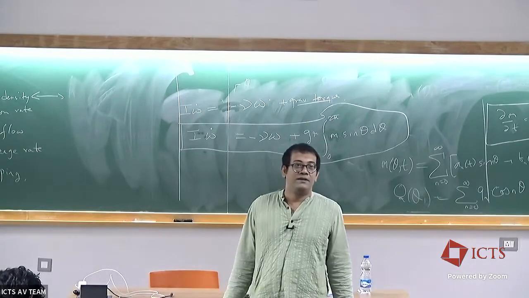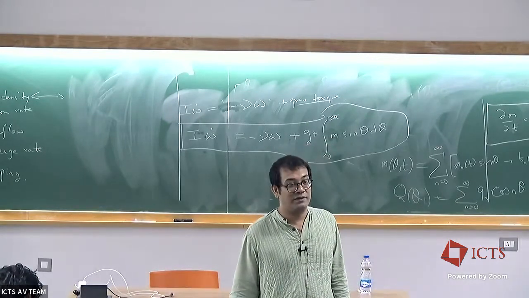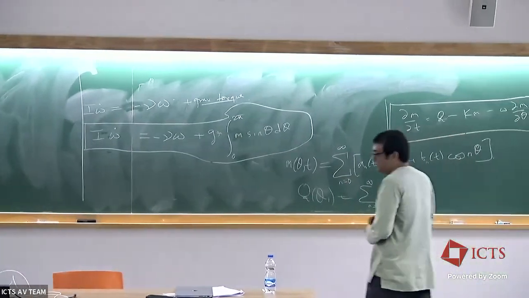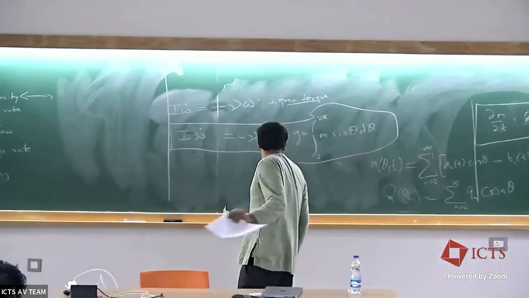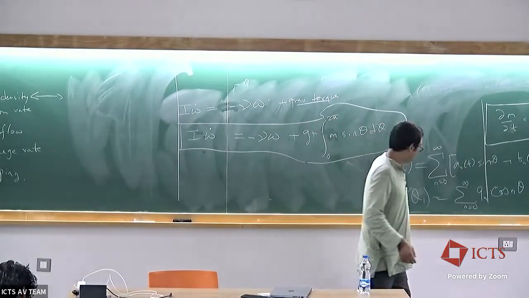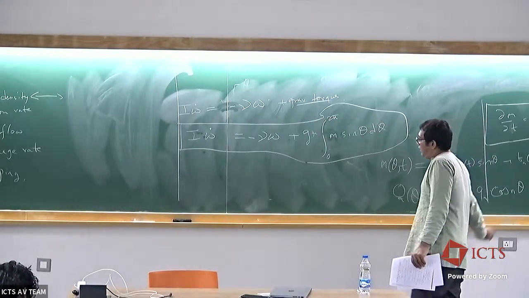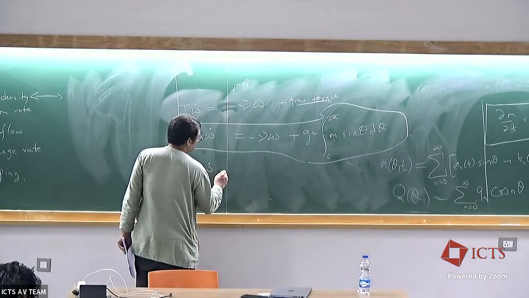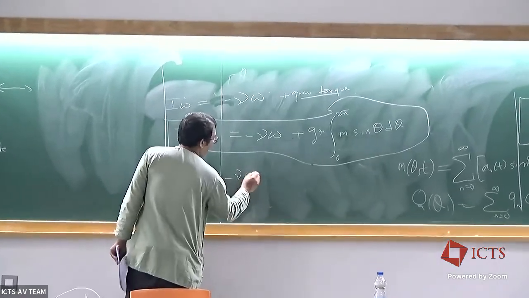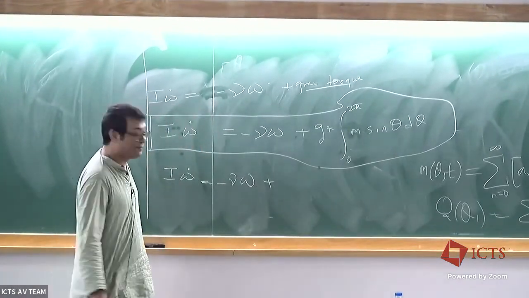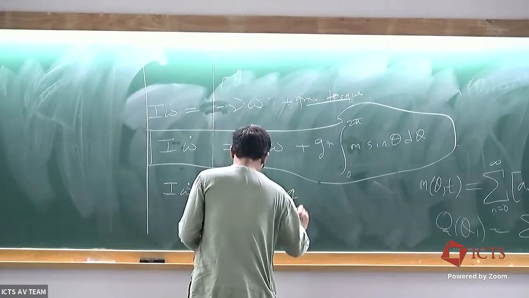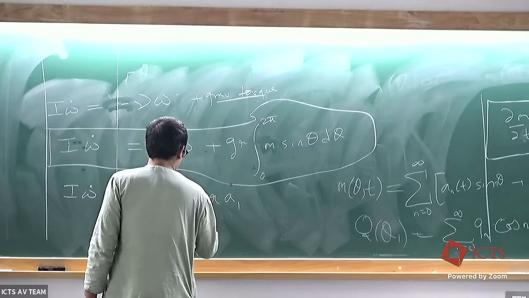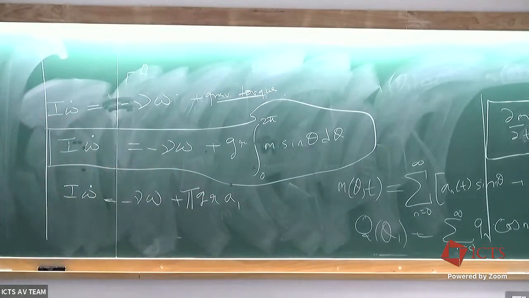Right. And the others are all zero because you're multiplying with sine theta, etc. Very good. So what's the equation at the end of the day? So you have I omega dot plus G R with a pi, right?